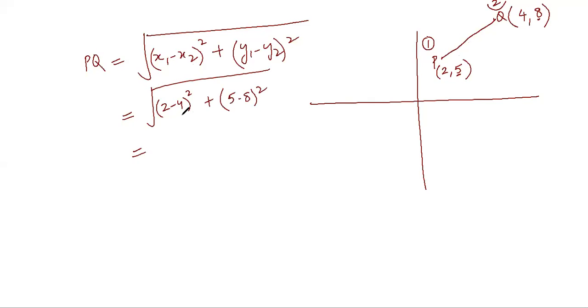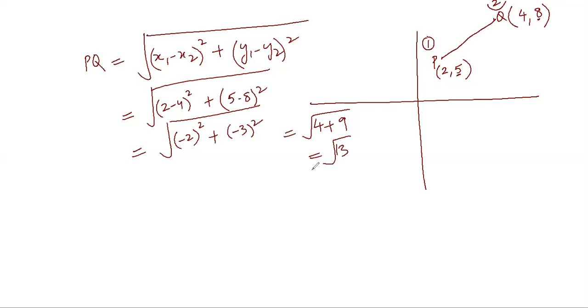So this is equal to the root of minus 2 square plus minus 3 square. 2 2s are 4, 3 3s are 9, that is equal to root 13.